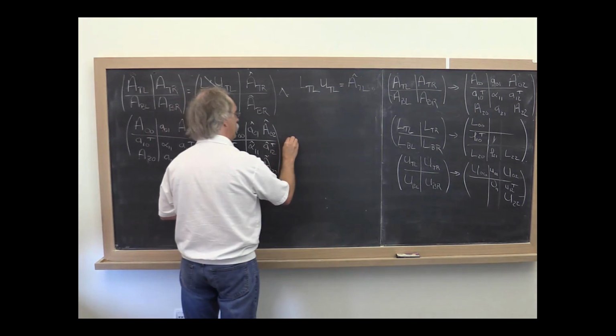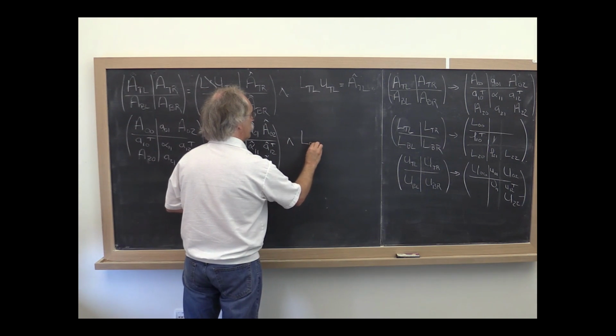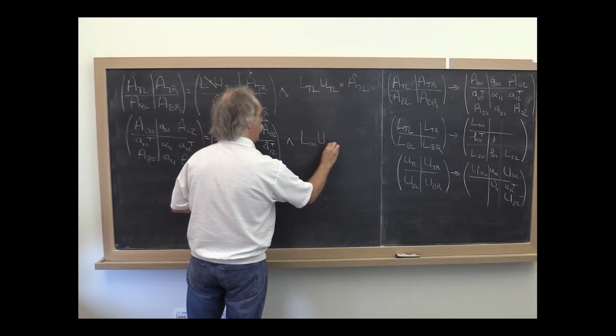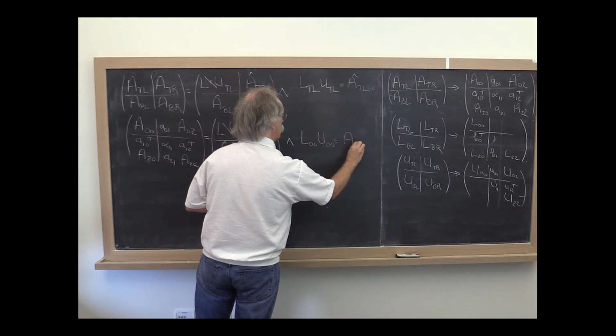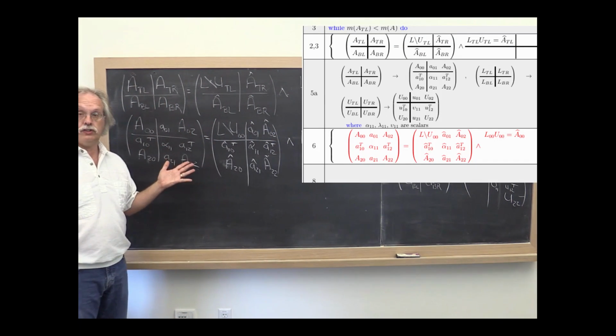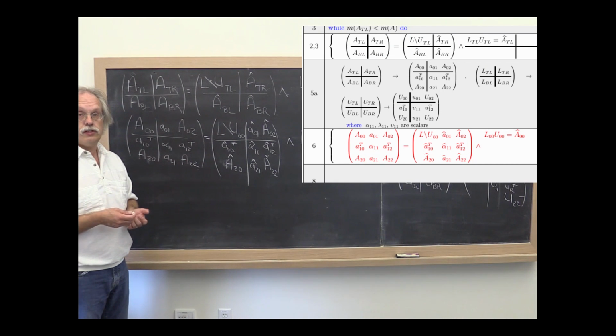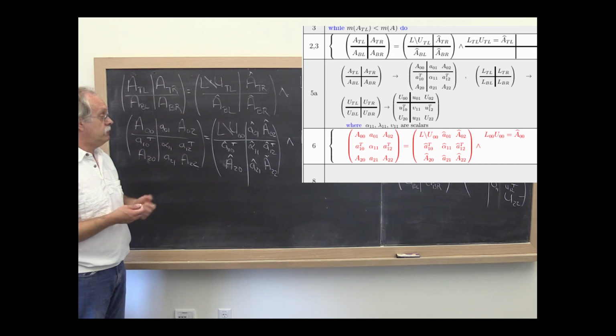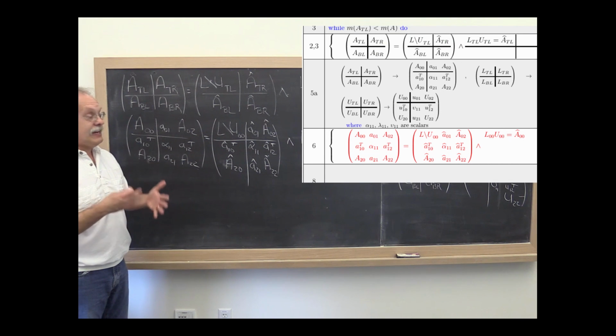And L00 times U00 is equal to A00 hat. Very straightforward. So why don't you next come up with step 7, the state after the update.